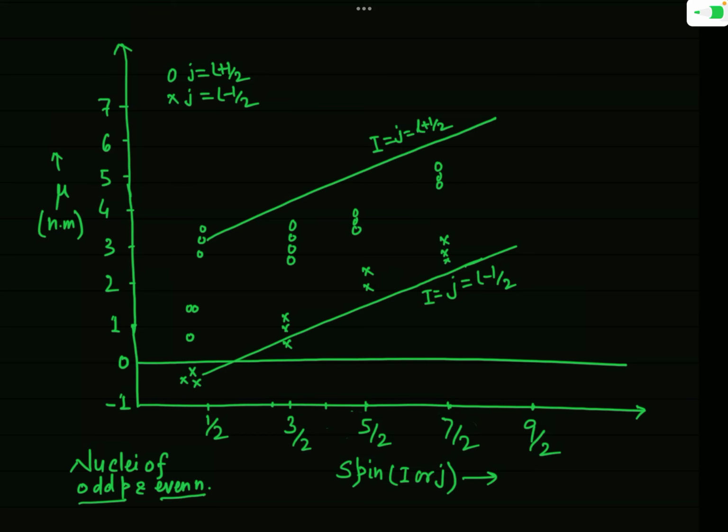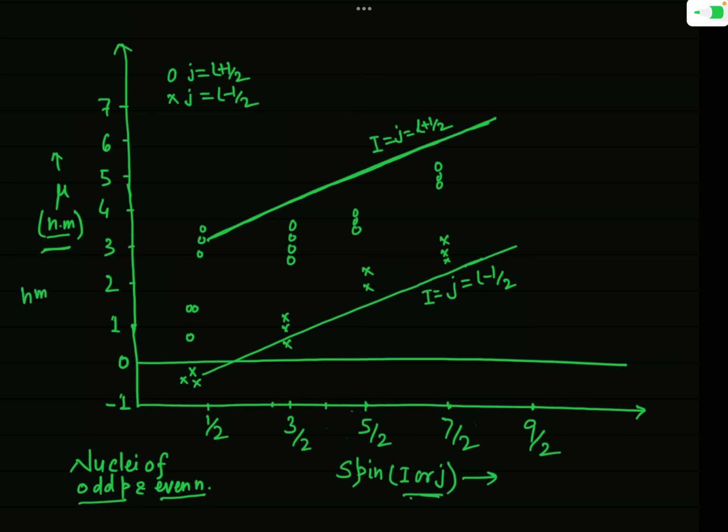In this figure you can see there are two lines, one for I equal to L plus half. This line is obtained after plotting mu in against J or I. I have written the values of the spin on the x-axis and the value of magnetic moment on the y-axis. Here magnetic moment mu has been measured in units of nuclear Nm.